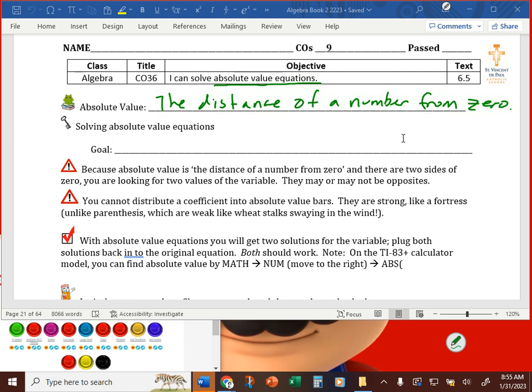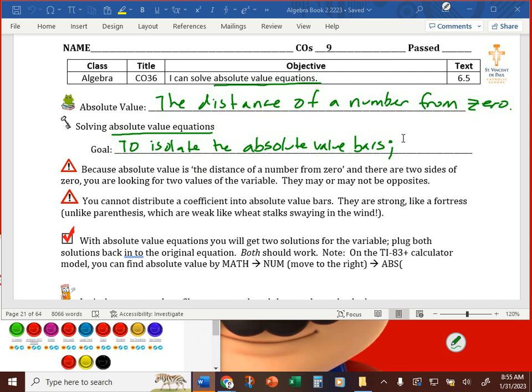So when solving absolute value equations, if you look at the equations down on this page, you recognize hopefully those absolute value bars. Your goal. Remember back in PO7 when we had a goal for combining like terms, a goal for distributive property, a goal for variables on both sides. Our goal for absolute value equations is to isolate the absolute value bars; there's a semicolon, so you know there's something else coming after this.